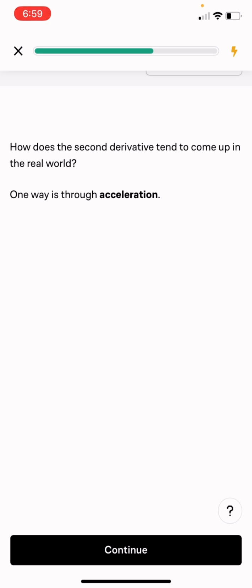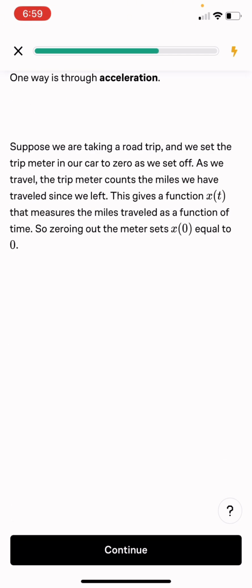Zeroing out the meter sets x of 0 equal to 0. Then x prime of t, the derivative, gives the rate of change of the miles traveled. This is commonly called velocity; if x of t is in units of meters and t is in units of seconds, then x prime of t is in units of meters per second.